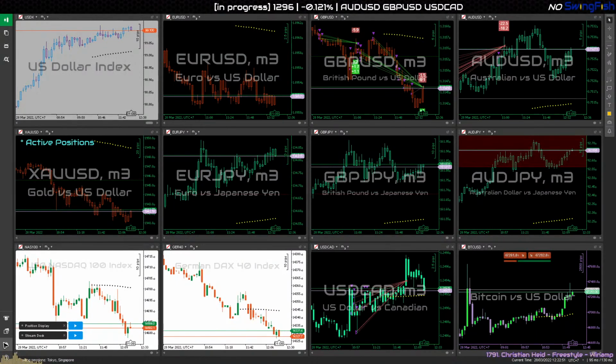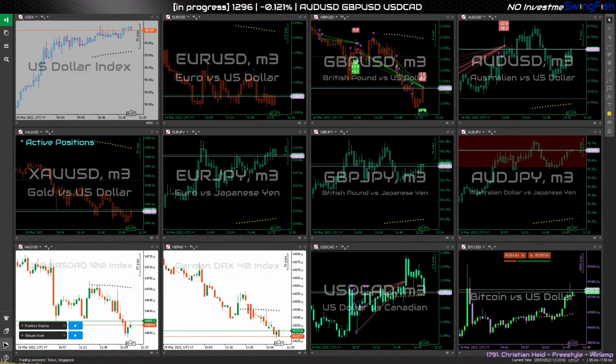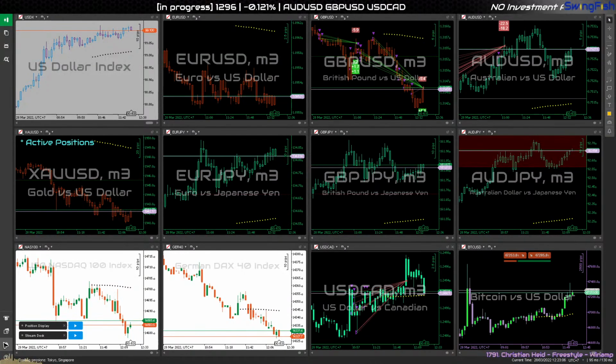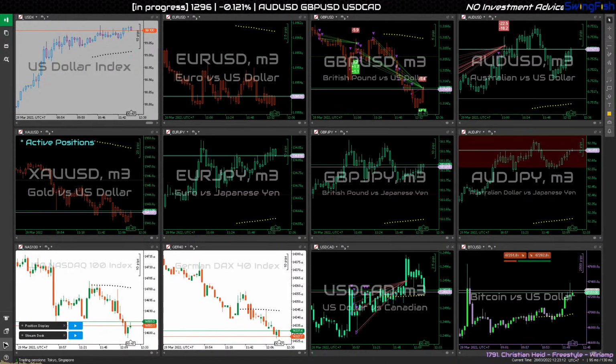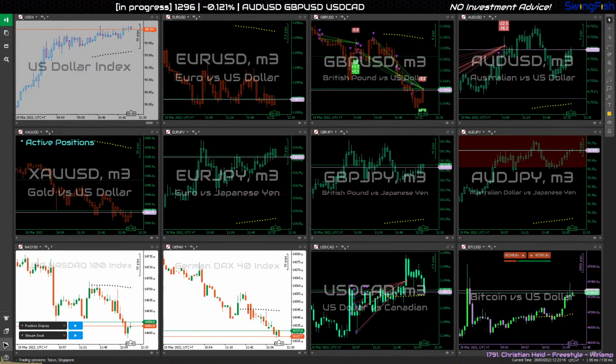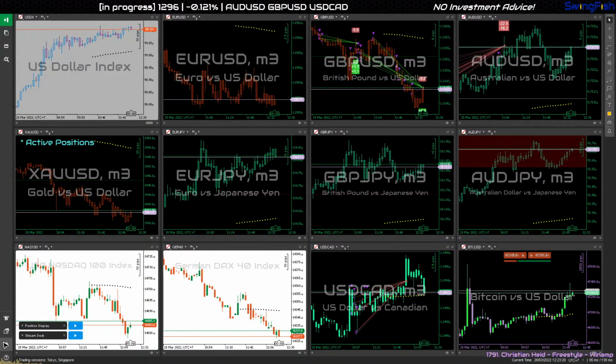And there we go, I'm back in a loss. Fuck you. USDCAD holds the VWAP. I hope so. But it still looks like it's got some downward momentum. Yeah, the 3 minute, that looks horrible.